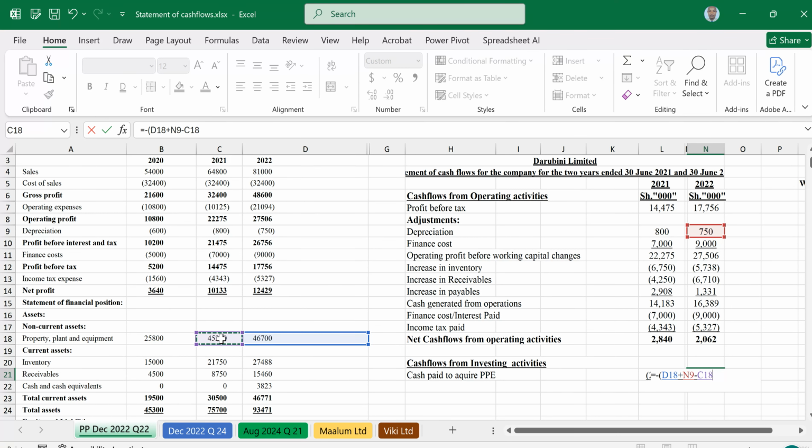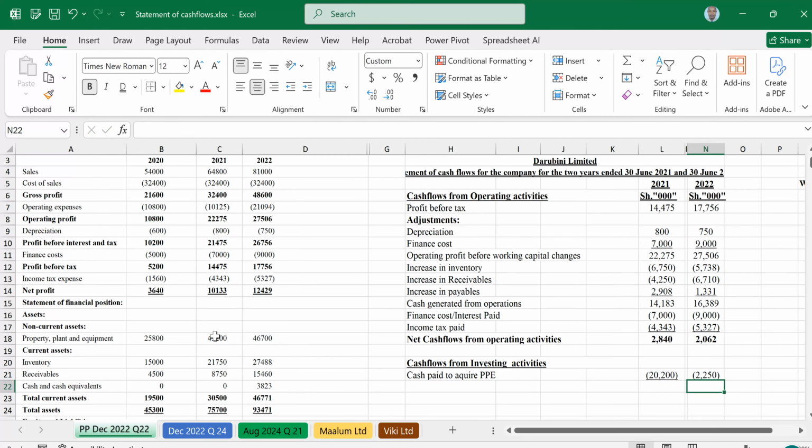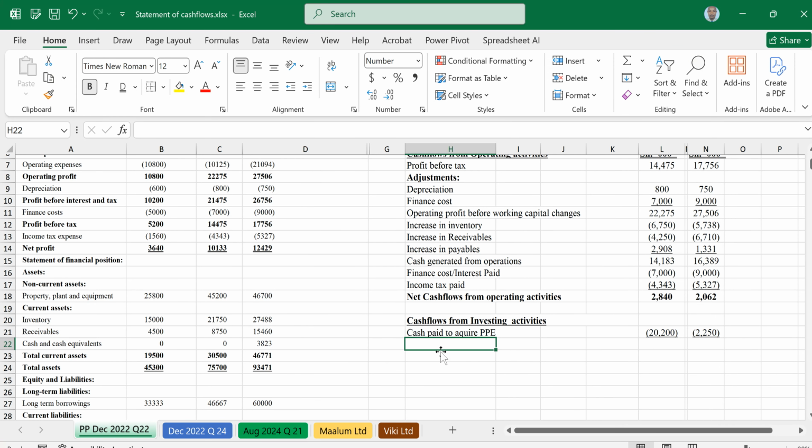Close those brackets and enter, gives us 2,250. After getting cash paid to acquire PPE, you get net cash flows.